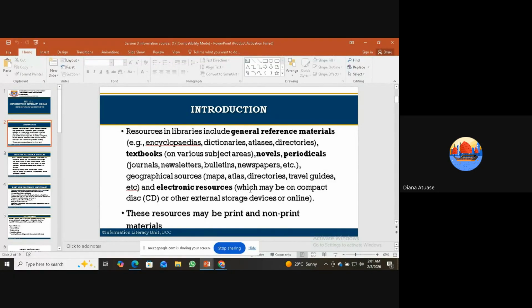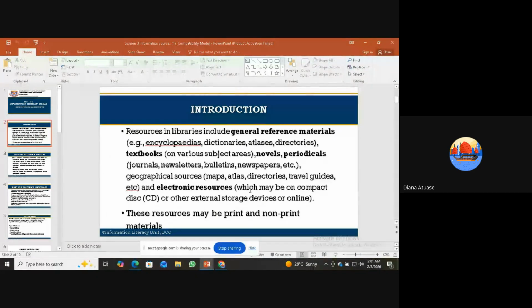So there are materials in the library, or resources in the library. Resources in the library also include general reference materials. So there are encyclopedias, dictionaries, atlases, directories, textbooks, novels, periodicals, bulletins.